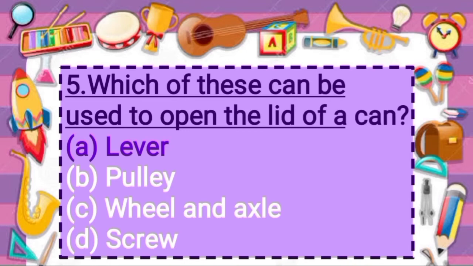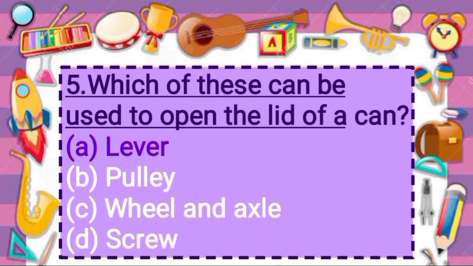So the question is, which of these can be used to open the lid of a can? Options are, first option lever. Option B, pulley. Option C, wheel and axle. Option D, screw.